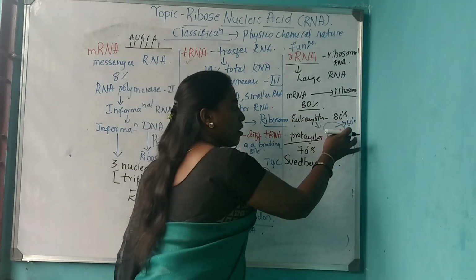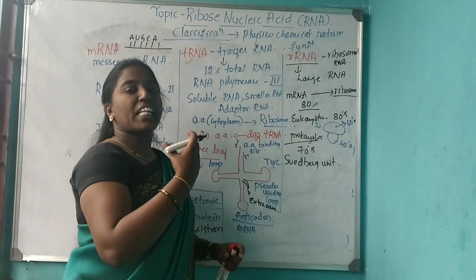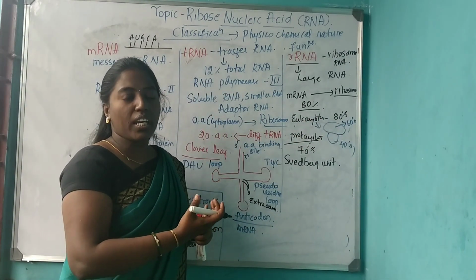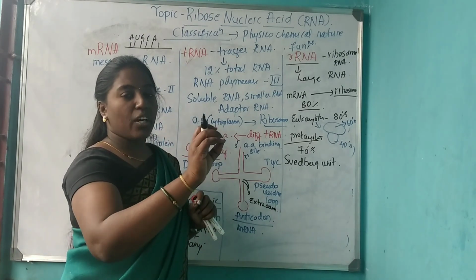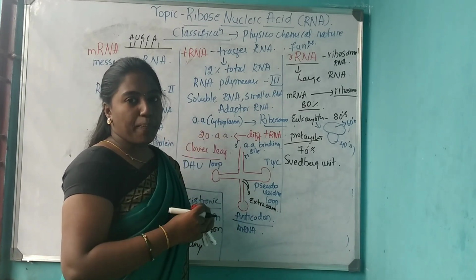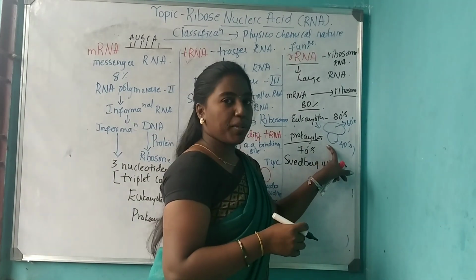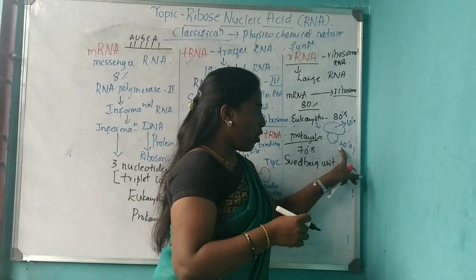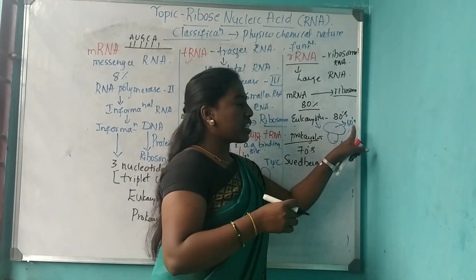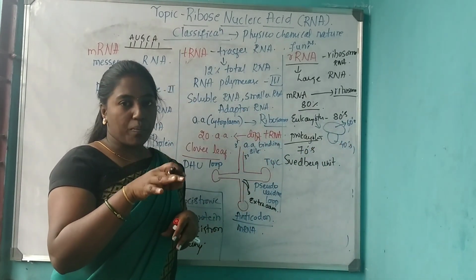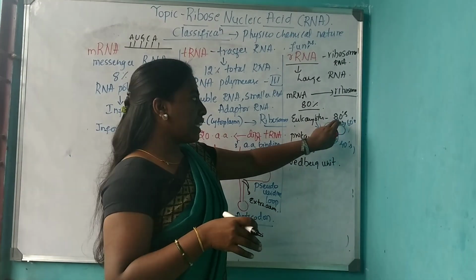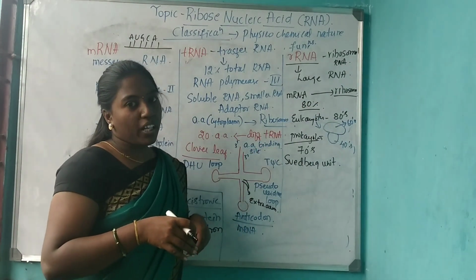It is not addition. The Svedberg unit refers to when they are subjected to centrifugation. At a particular unit, they will get separated. So that is what the number specifies. The small unit can separate at 40 Svedberg units, and the large unit can separate at 60 Svedberg units. When they are together, they can separate at 80 Svedberg units.